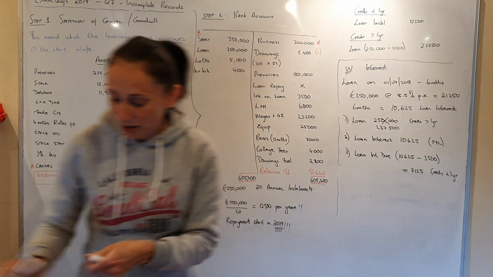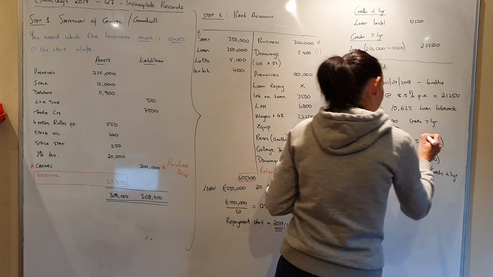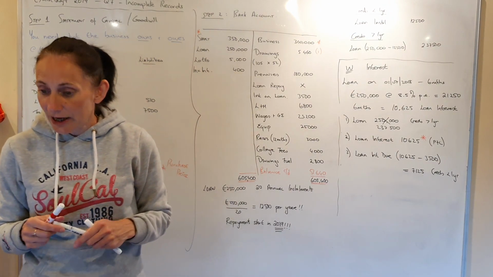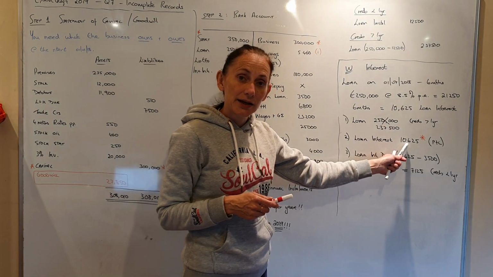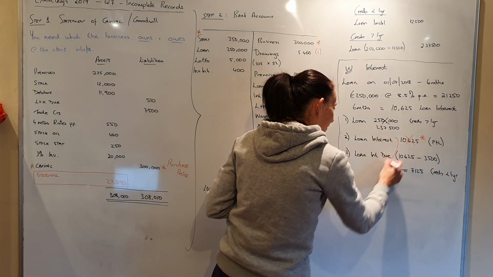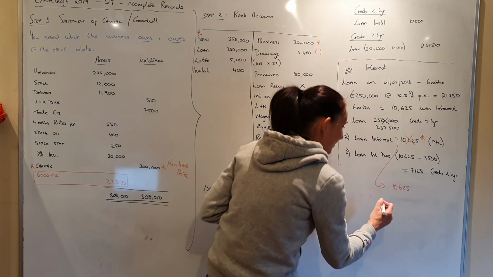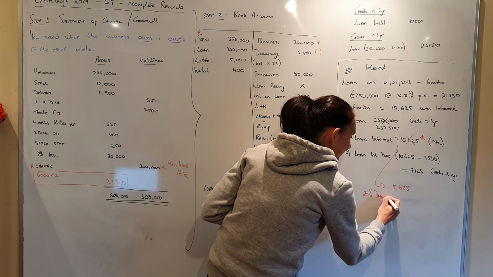Now the only part of this that's going to have to change is this part here. That figure is not going to be right, because if we read adjustment 4, it says 20% of what you're meant to pay is drawings. So this figure here is not going to be right, because 10,625 is my interest, but it just said 20% of that is drawings.